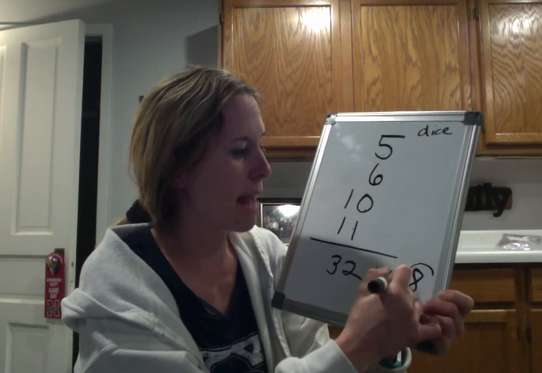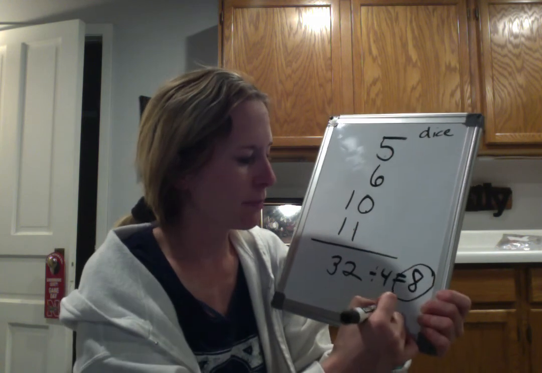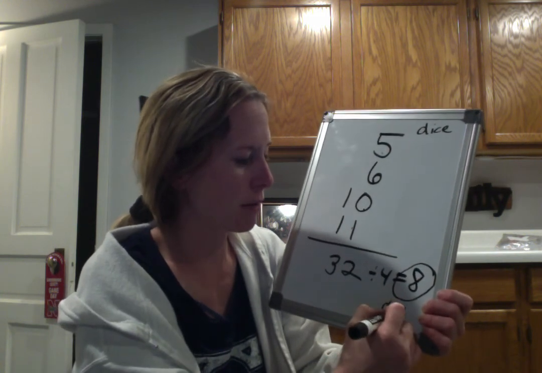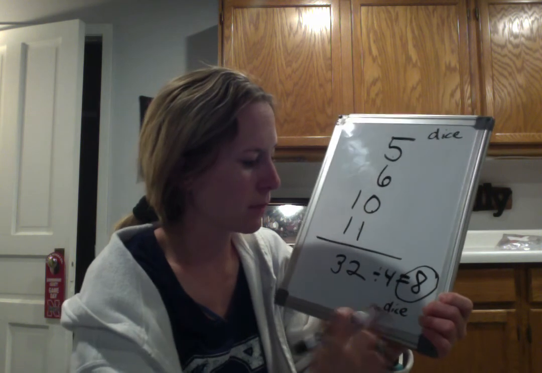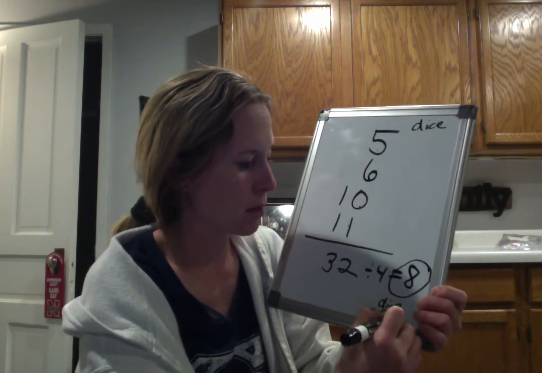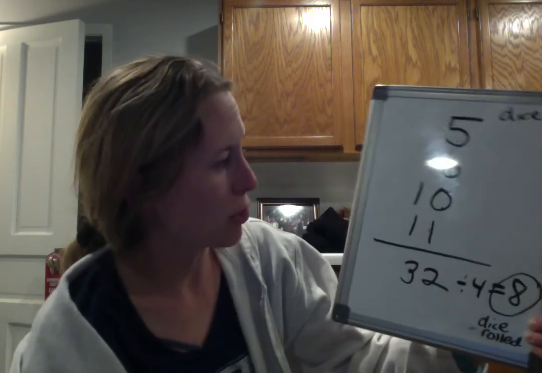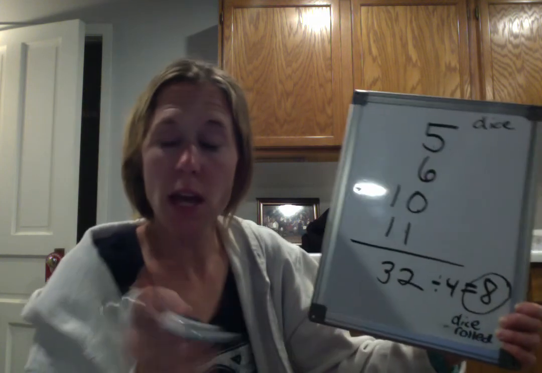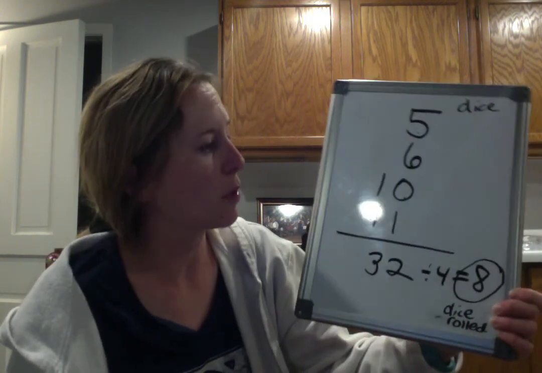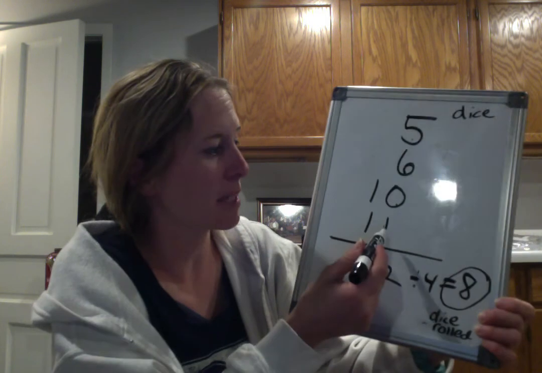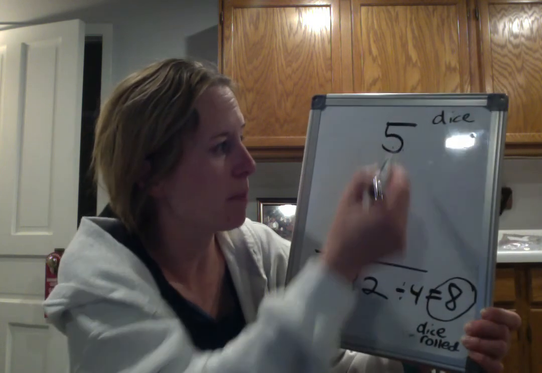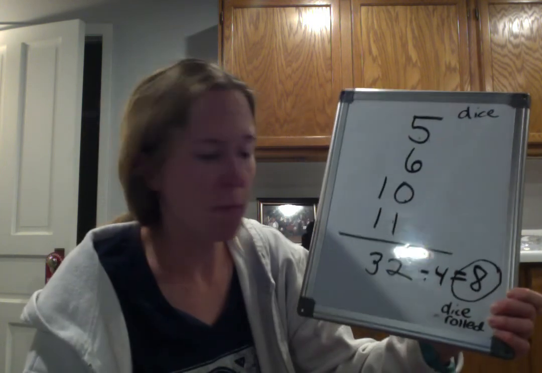And so on average, the average number that the player rolled was an 8. This is obviously a higher number, this is a lower number, and these are a little bit more in the middle.